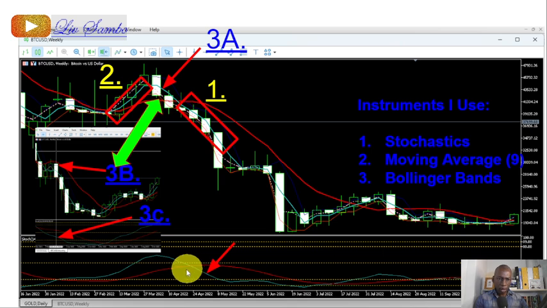And that change which happens there, the cross, is mimicked down here in the stochastic as well.